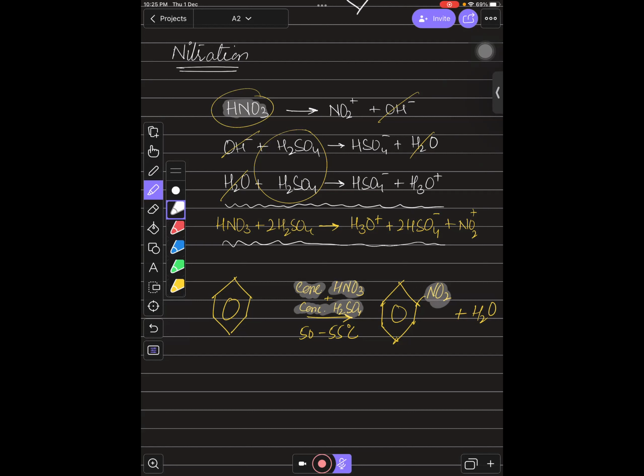So in the presence of sulfuric acid, it is working as a base. It provides its H positive ion, and the hydroxide which forms is going to react with sulfuric acid, like a neutralization reaction, acid and base. Then you will have a salt and water. The water which is formed is going to dissociate sulfuric acid and form again HSO4 minus and hydronium ion. So this is the overall equation.